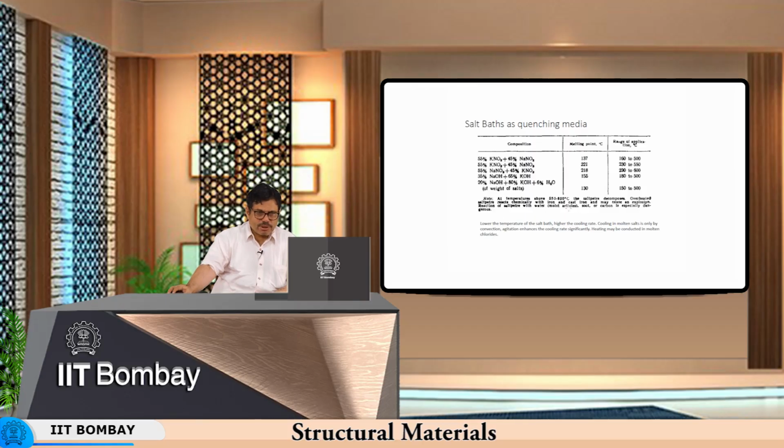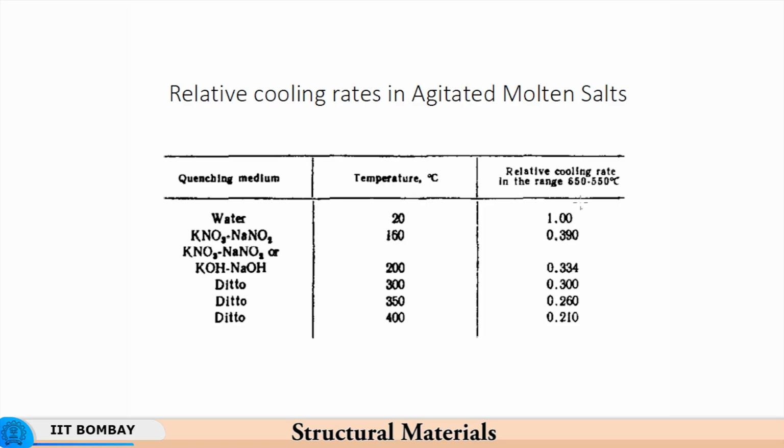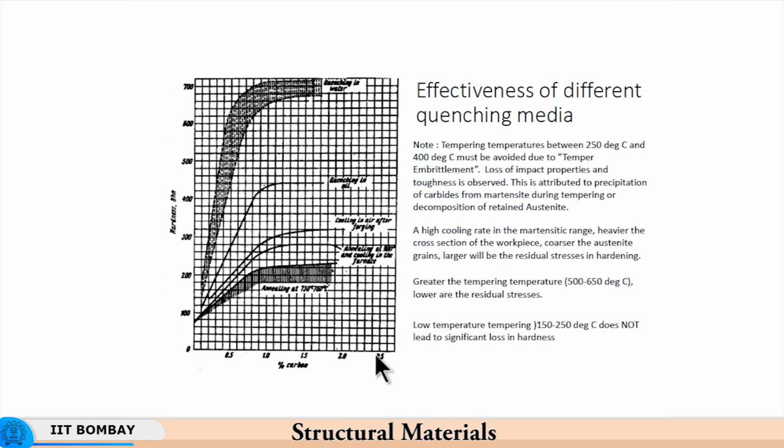So that is why this 550 to 600 degrees centigrade is a relatively risky range of temperature. So you have different cooling rates depending on the composition of the salt bath, and the cooling rates in this special range are given over here.